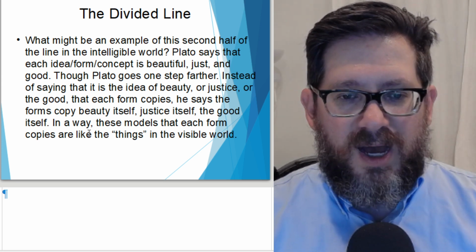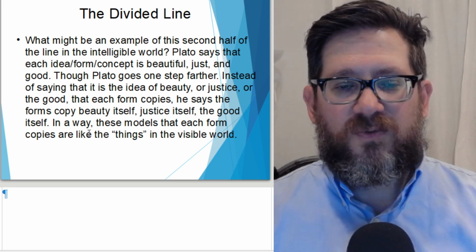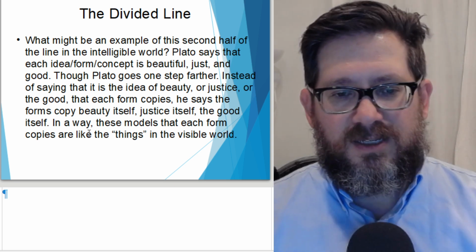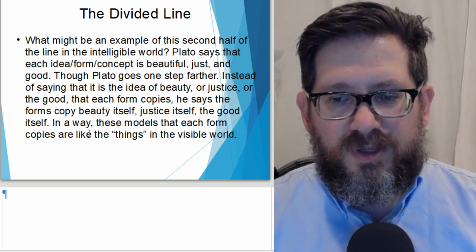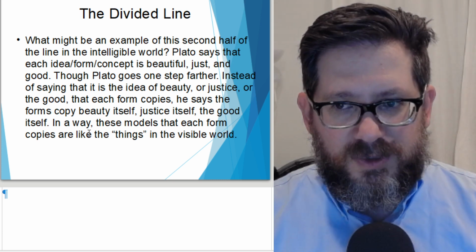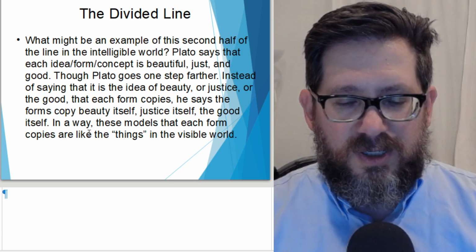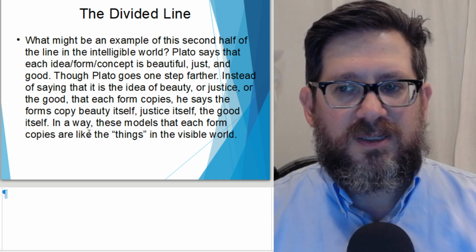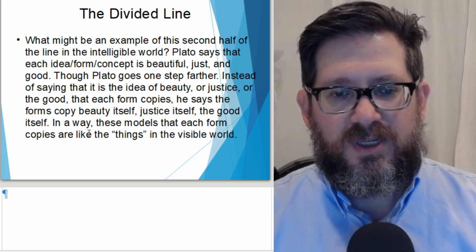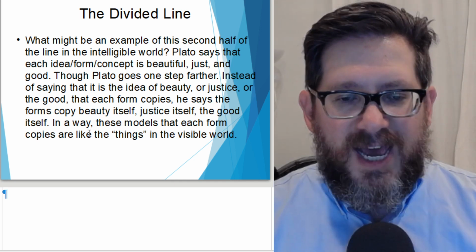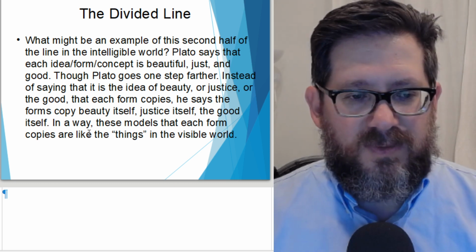And this will become a higher order form, the other side. And that all the different lower order forms somehow copy, participate, share, try to be a shadow of beauty itself. Okay.